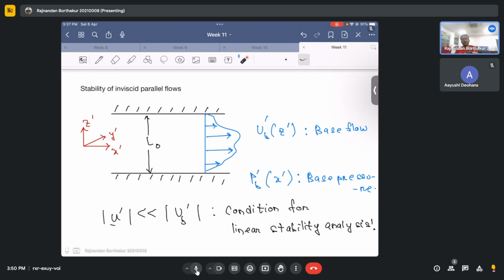Otherwise, you can do the analysis, but the clarity of understanding that we get might be a little more difficult.